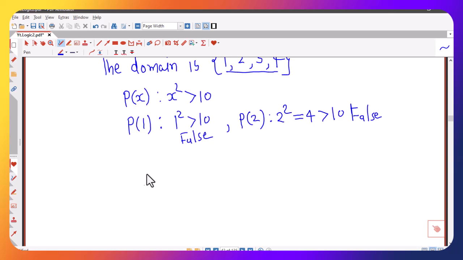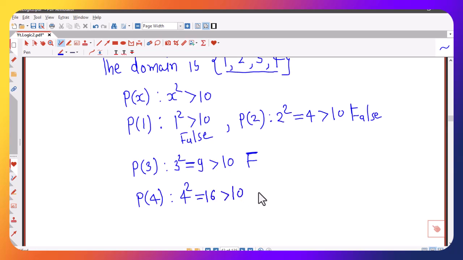Suppose I consider x equal to 3, then I have 3 square equal to 9, which is not greater than 10. This is also false. But if I take x equal to 4, then I will have 4 square equal to 16, and that is greater than 10. So p(4) has truth value true.